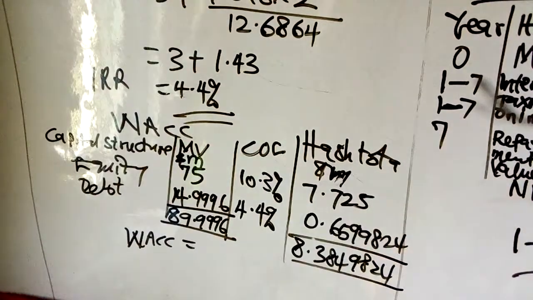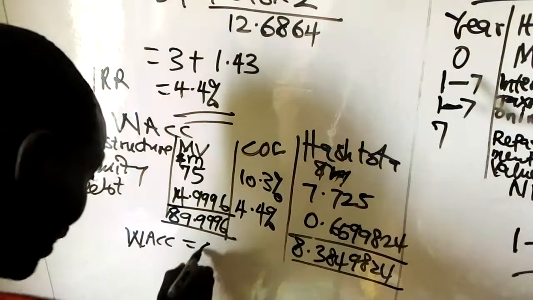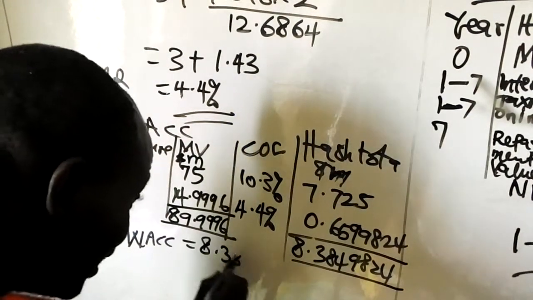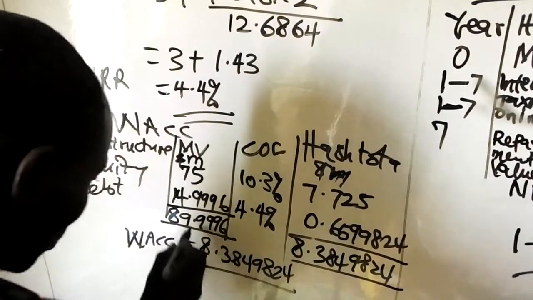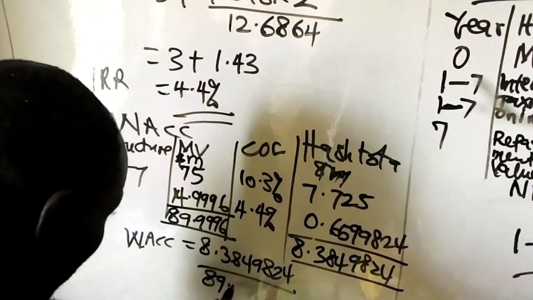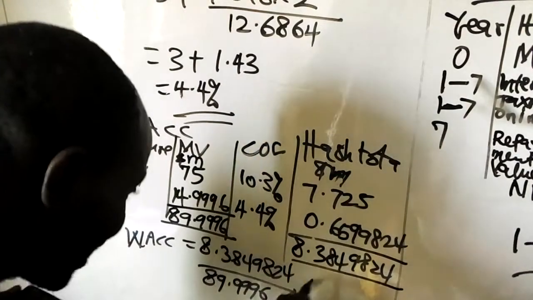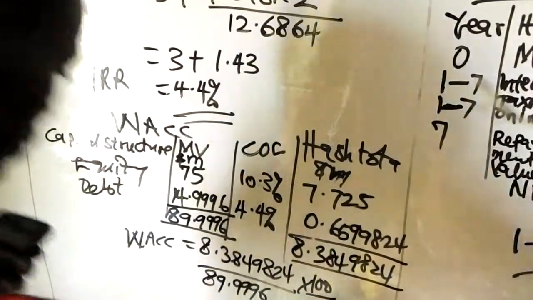So now you compute your WACC, weighted average cost of capital, which will be the hash total of 8.3849824 over the total market value of 89.9996 times 100.